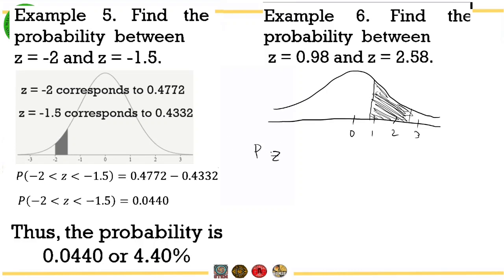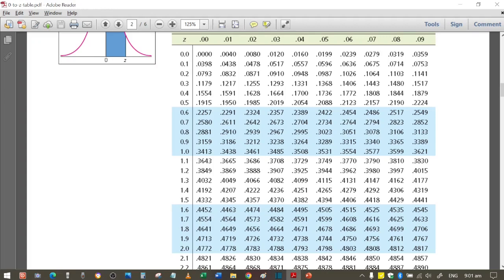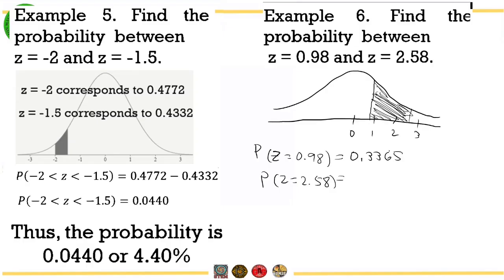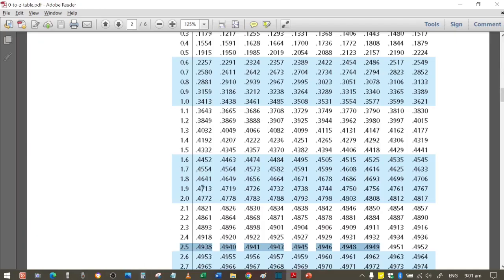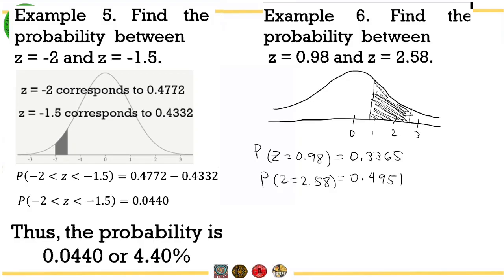So P of z is equal to 0.98 and P of z is equal to 2.58. What is the area that corresponds to 0.98? 0.3365. How about 2.58? 2.58 is 0.4951. So what do we do with these two areas?